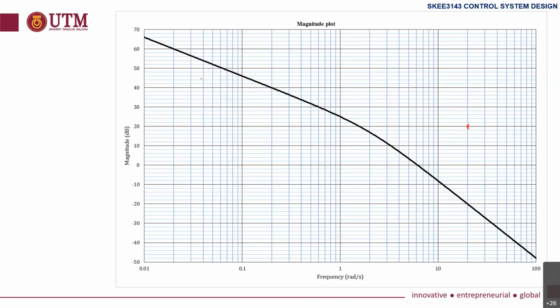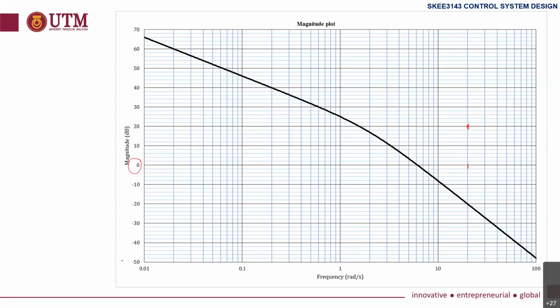If I make it cross, it will be crossing 20. Oh, sorry, 20 is here. 0 dB is here, 20 here.